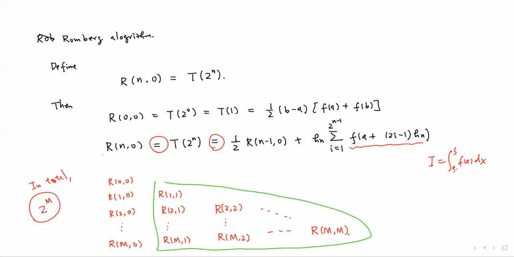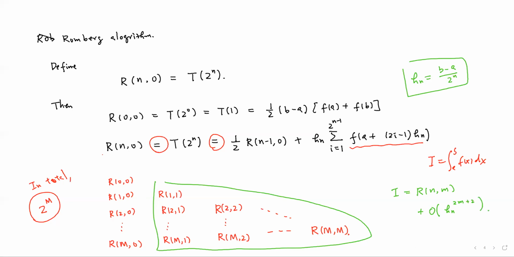It can be proved that this integral I is equal to R_{n,m} plus order h_n to the power 2m plus 2, where h_n is (b minus a) over 2 to the n.